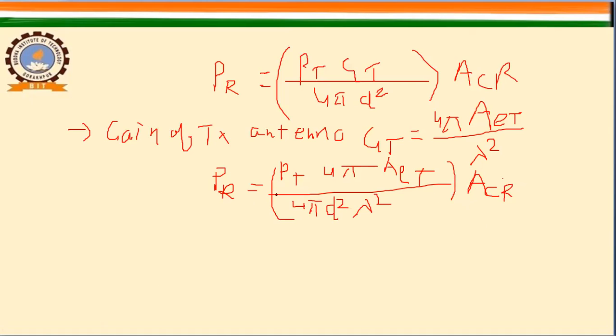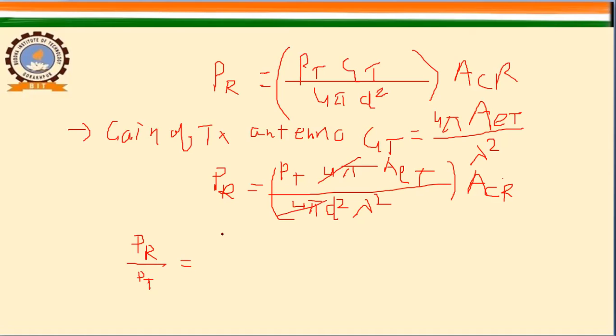So if we take the power of the receiver to the power of the transmitter, then in the ratio this 4 pi cancels out.